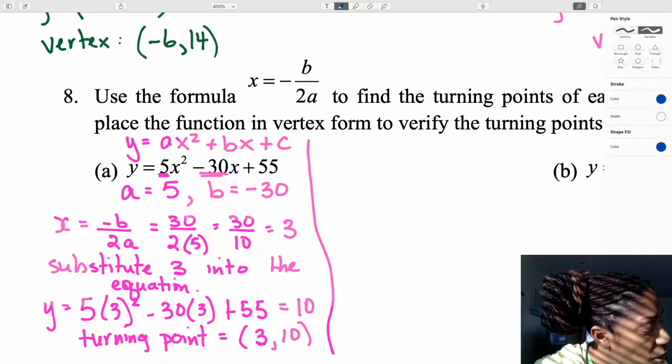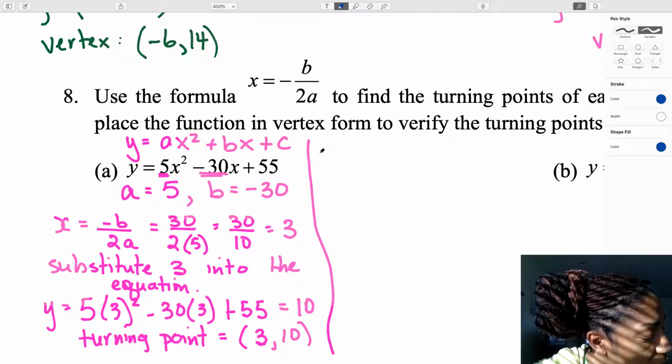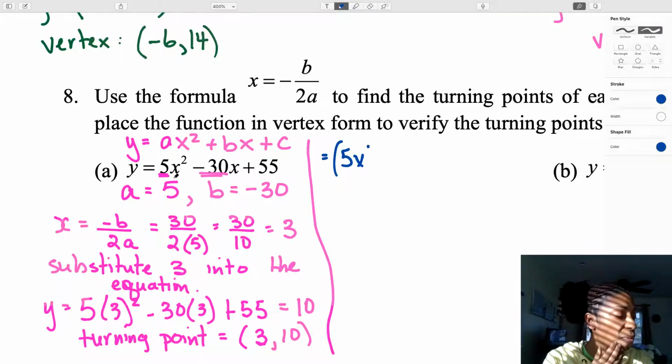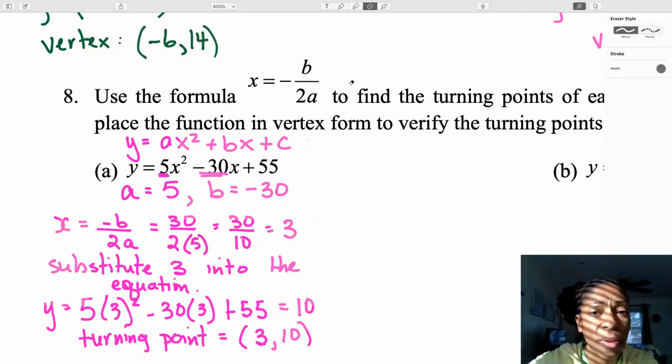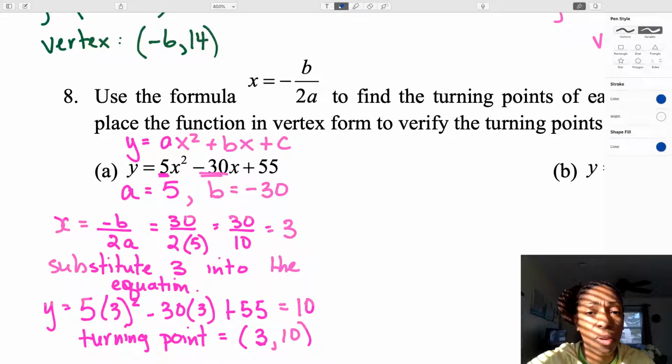Okay, so first we separate and we say 5x squared. Oh, we have to factor out the 5 first, right? Because it won't work if we have a coefficient of 5. We need a coefficient of 1.